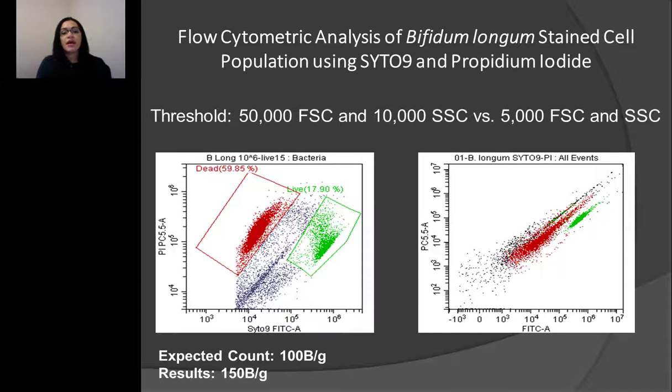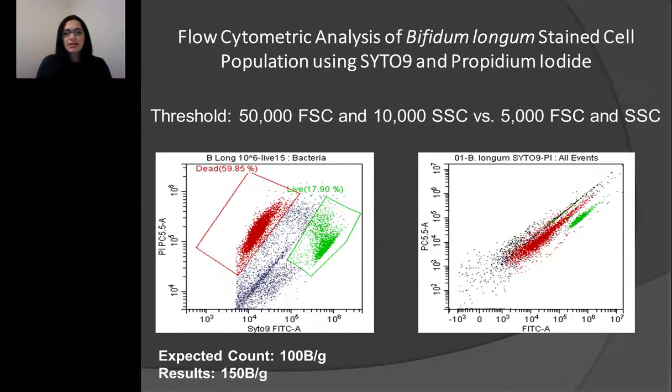This is a comparison between two different settings. This is why I said it's so important to know the optimal settings for your threshold and for your gain settings when it comes to obtaining good data for these samples. This is a great example showing the bifidolongum. To the left, you're seeing a threshold set at 50 and 10,000 for 4 scatter and 6 scatter, respectively.